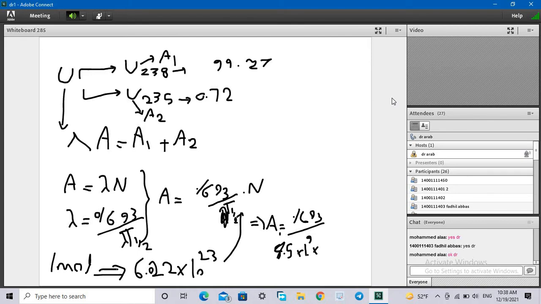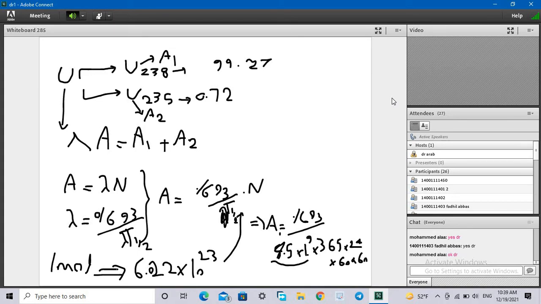For converting, this number should be multiplied by 365 days, multiplied by 24 hours, and again multiplied by 60 minutes, and again by 60 seconds.